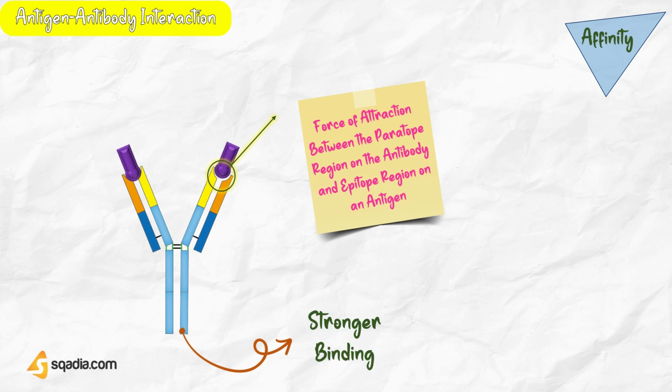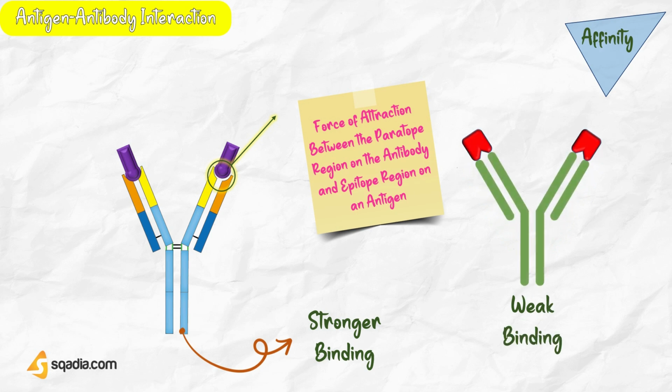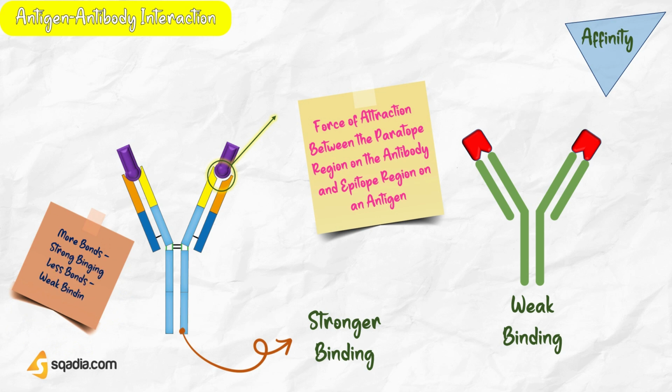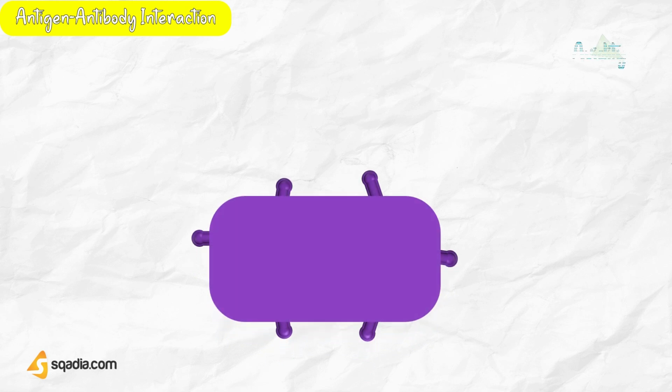The force of attraction is directly proportional to the complementary fitting of the epitope, meaning when the shape of the epitope is a perfect fit, more bonds are formed resulting in strong binding. Whereas if the shape of the epitope is not complementary to the paratope, fewer bonds are formed resulting in weak binding.